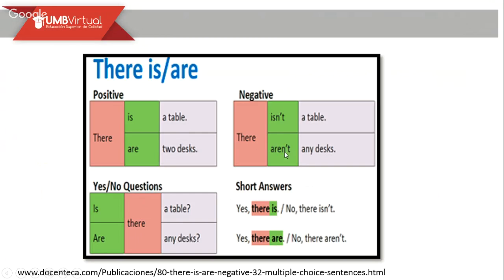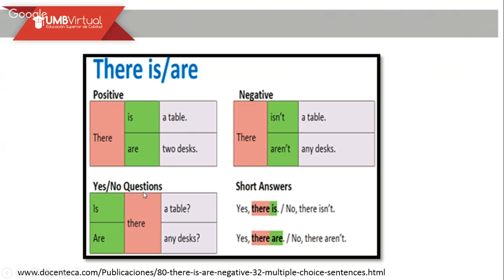There aren't or there are not any desks. All right. Este any hace referencia a ninguno, no hay ninguno o no hay escritorios. Ese any es para reforzar que es una oración en la cual nosotros estamos negando dicha acción.